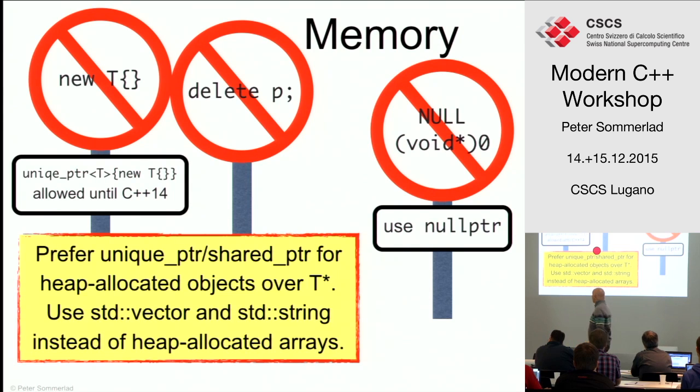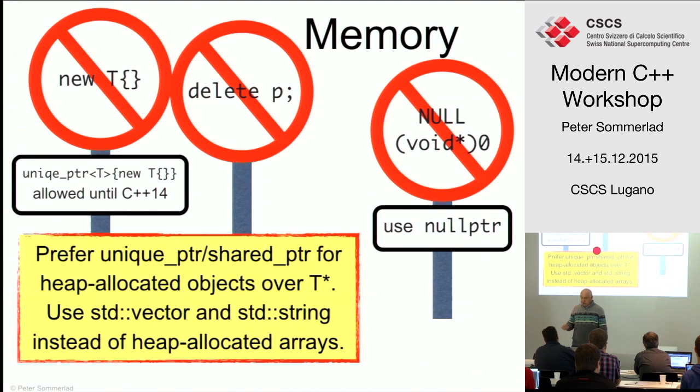There's also something else. In C++11, there's a value called nullptr, N-U-L-L-P-T-R. And it's a replacement for all kinds of use of the macro NULL or any zero as a pointer value, meaning the pointer that points nowhere.